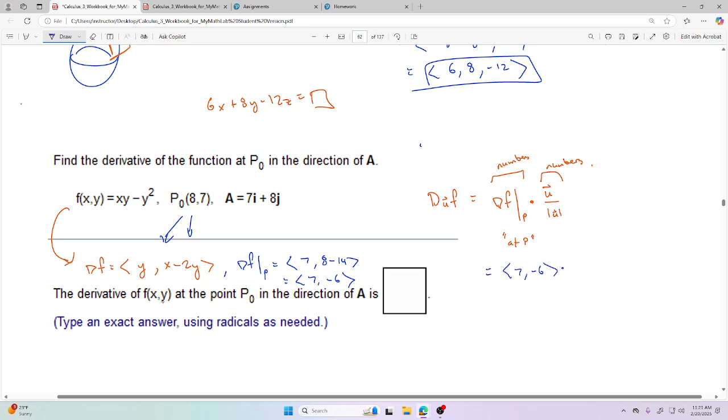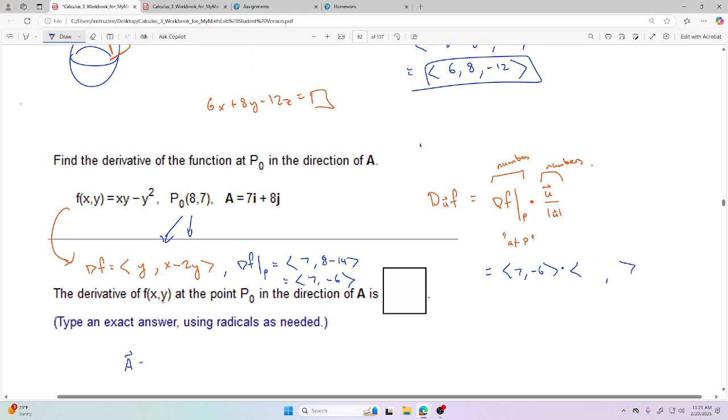I'm going to say dot, and then I'm going to have another vector over here. Notice I don't have a u, so what's the only other thing I got? The a. And notice that a is not a unit vector. Classic. That's why I stress very often we have to divide by the magnitude of u regardless. So let's start working on that.